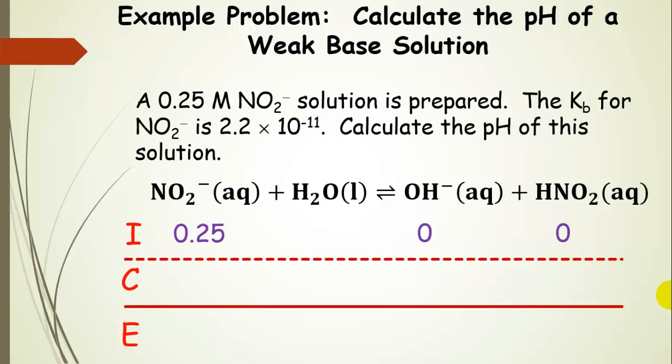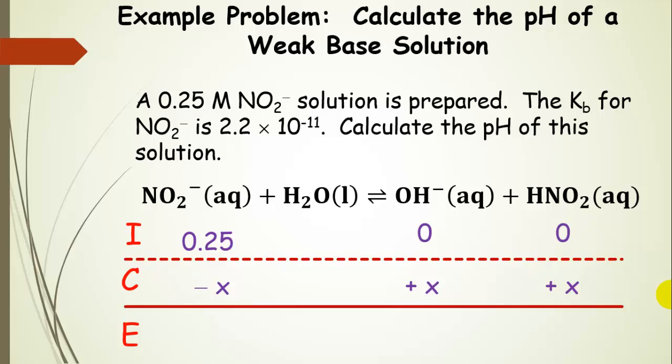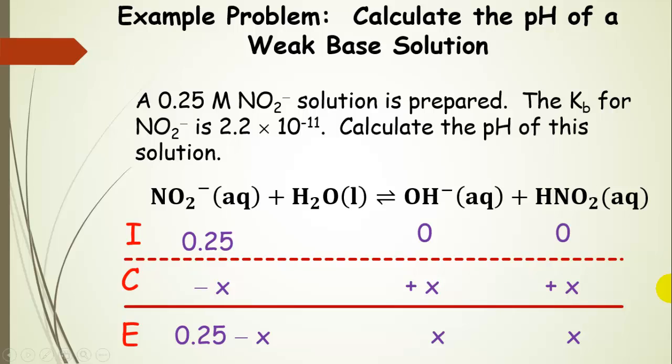Now, as this reaction approaches equilibrium, some of that nitrite is going to be used up, and we're going to make hydroxide and nitrous acid. So minus X, because we're going to lose some of the nitrite as the system approaches equilibrium. At equilibrium, we're going to add everything together. So we have 0.25 minus X for the nitrite solution, and then we have X for each hydroxide and nitrous acid.